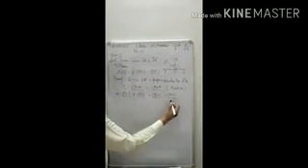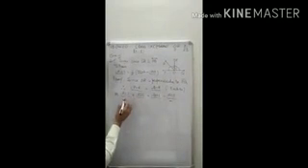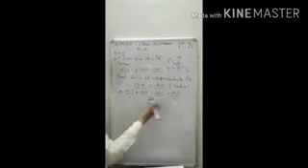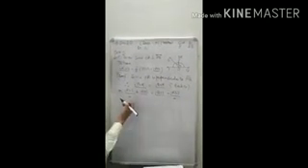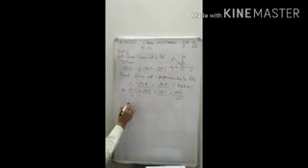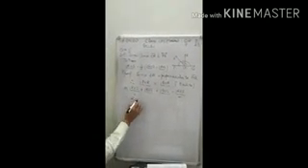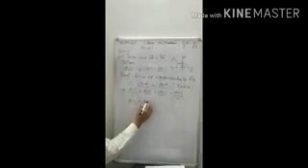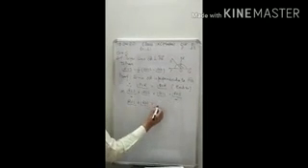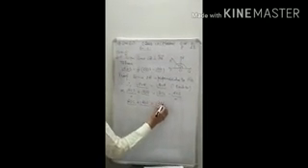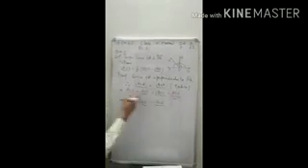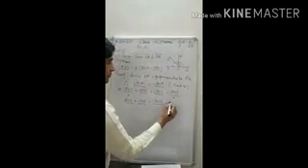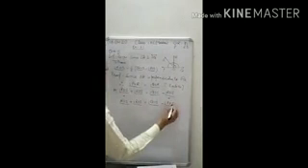So what we will do? We will transpose this ROS to the left hand side and angle POS to the right hand side. When you transpose it from here it is negative, and when you transpose it from there, it will become positive. So we write angle ROS plus angle ROS is equal to angle QOS, and when you transpose POS to the right hand side, it will become negative, minus angle POS.